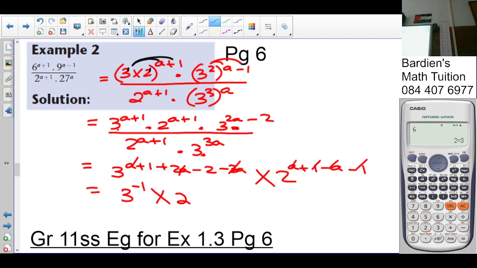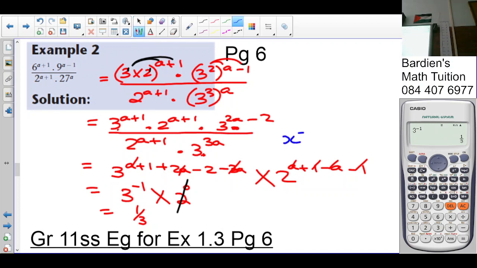So I just leave it like that, or must I write the 0? Right? So if I left it like that, it would have been a 1 there. Anything to the power of 0 is? 1. So 3 to the negative 1 is 1 over 3.